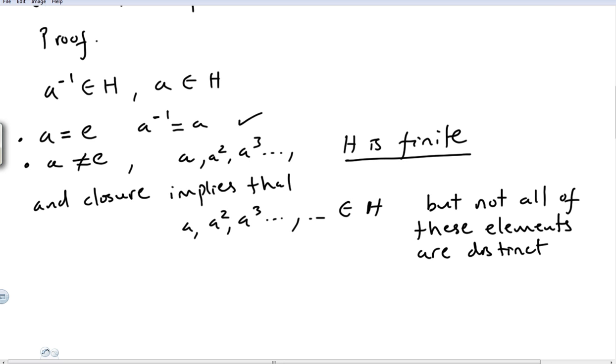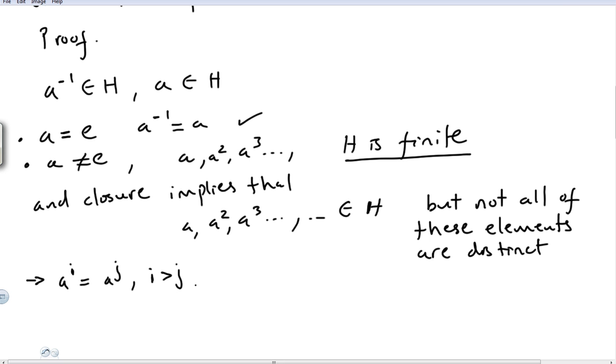You will get to a point where the elements will repeat. Let us say that A to the power of I equals A to the power of J, and I greater than J. So they will both be positive, but I will be greater than J. So this can be 3 and this can be 2, for instance.